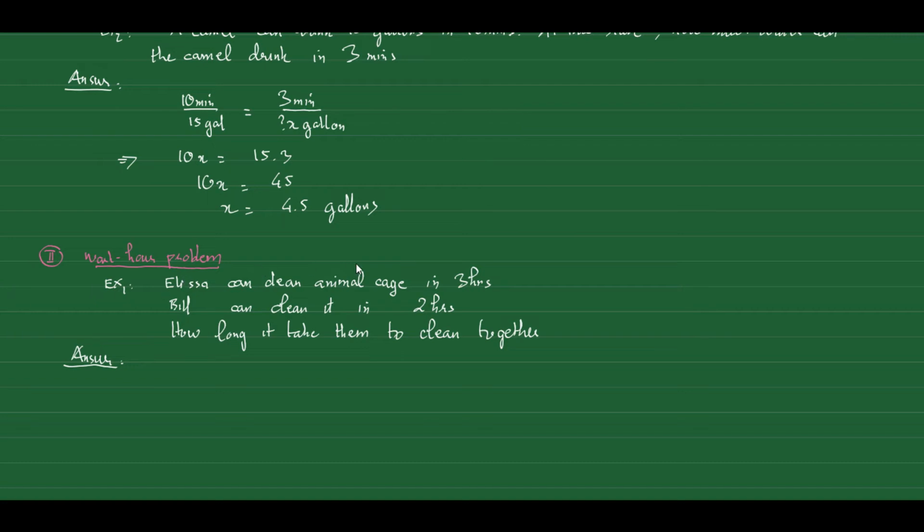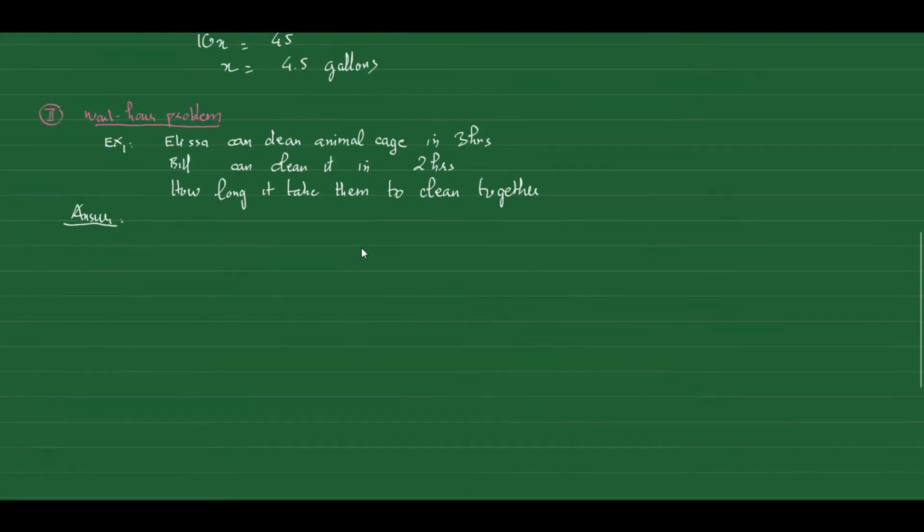Elisa cleans the cage in 3 hours, so it means that in 1 hour she cleans 1/3 of the job. Plus, Bill in 1 hour does one half of the job. So this is the amount of work for 1 hour.